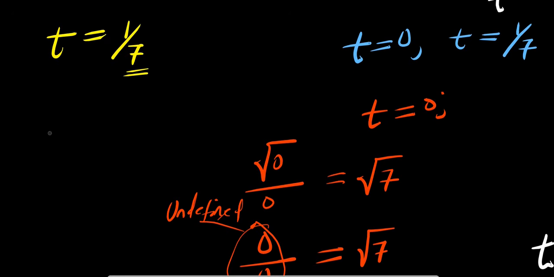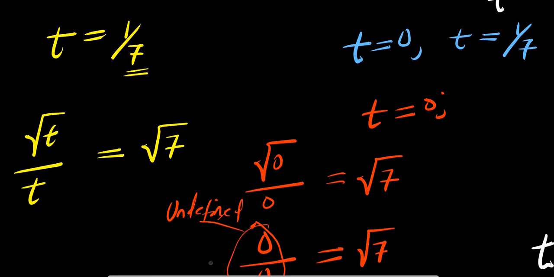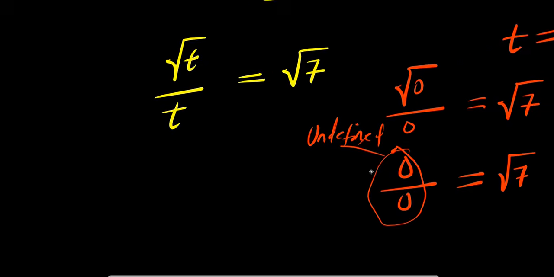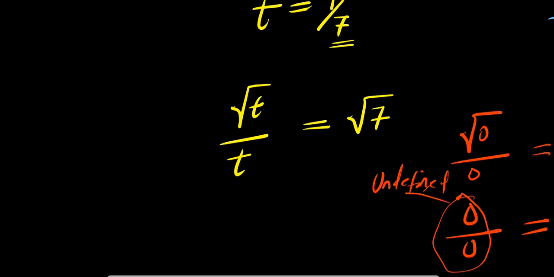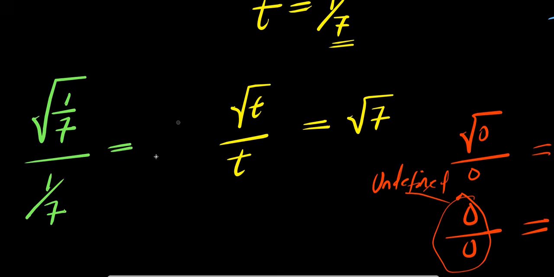Let's consider when t equals 1 over 7. Remember, square root of t divided by t equals square root of 7. So we simply have square root of 1 over 7, divided by 1 over 7, giving us square root of 7.